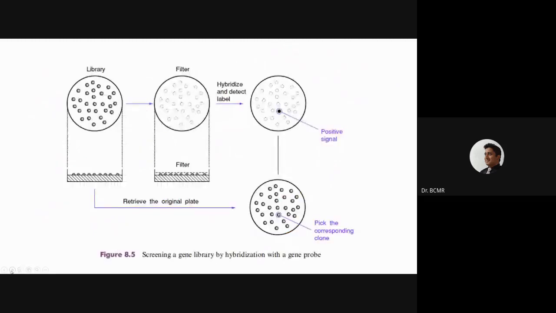Now assume the DNA probe is made. Here we are screening a gene library by hybridization on the plate. We are not doing electrophoresis and all those things. We made a gene library, where each clone is made up of cells, each cell having a plasmid. It could be a recombinant or a non-recombinant. From this plate, I want to find out which of these clones is producing amylase, for example.